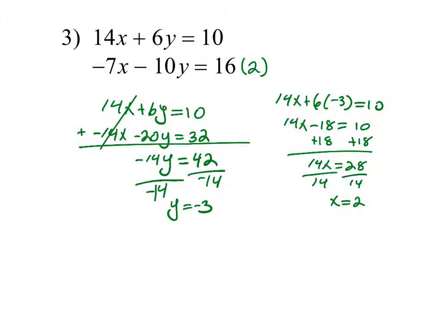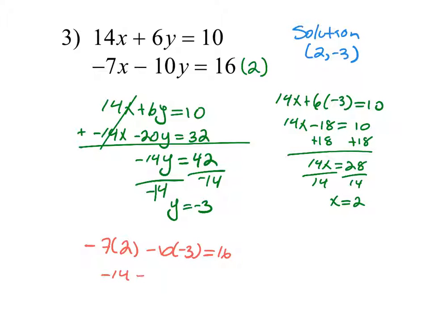So my solution is the point (2, -3). I'm going to check my work. Negative 7 times 2 minus 10 times negative 3. So negative 14 plus 30 equals 16, and 16 equals 16. So this is my solution.